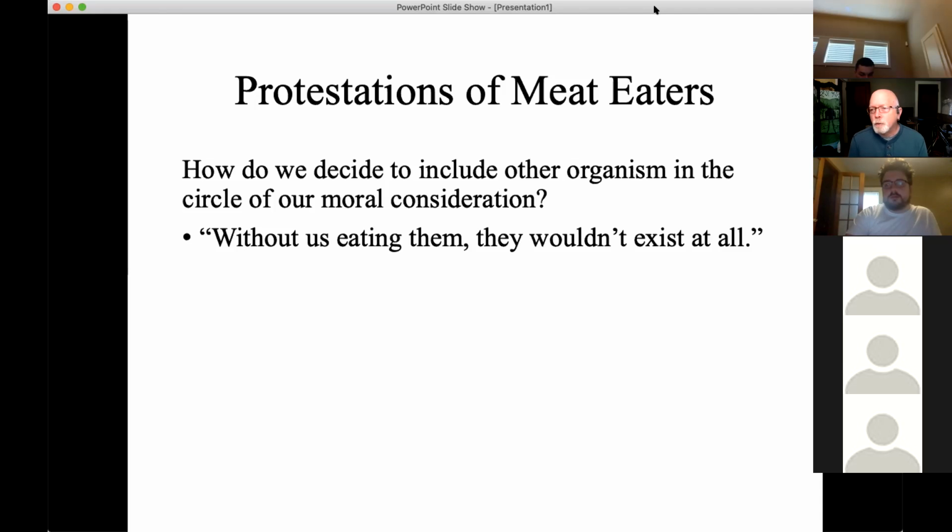So the argument is without us eating them, cows wouldn't exist at all. Without us eating them, chickens wouldn't exist at all. Without us eating them, pigs wouldn't exist. But they've become domesticated animals because we domesticated them, and now that they're domesticated, they wouldn't be able to survive out in nature, so they wouldn't even exist if we were not continuing to propagate them.